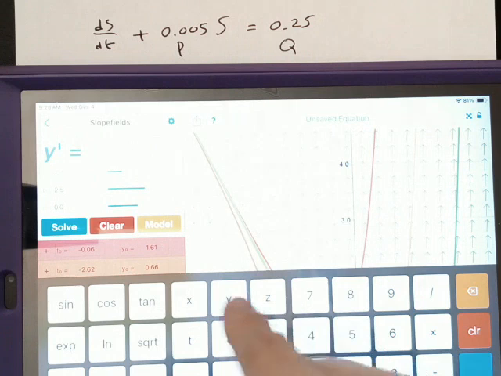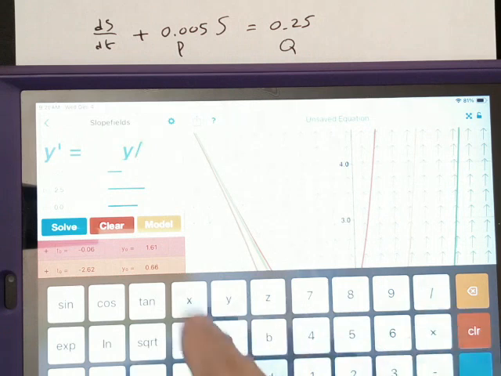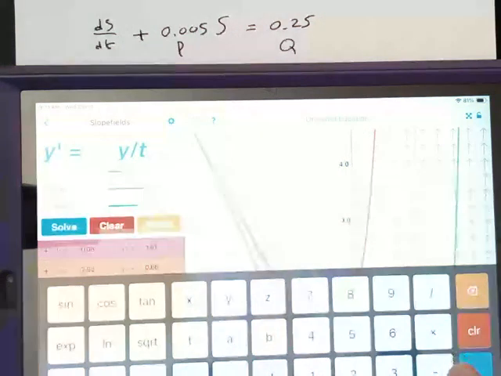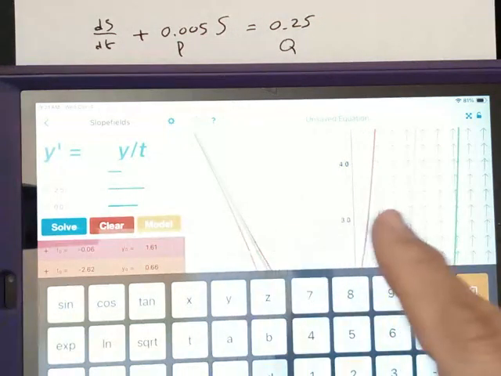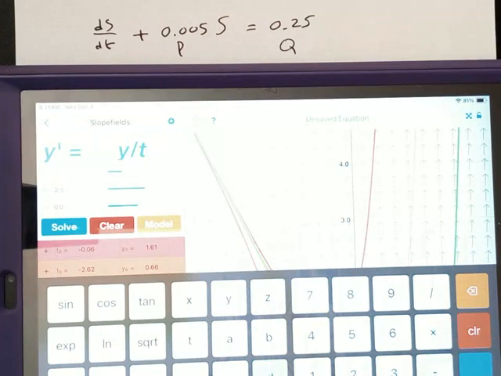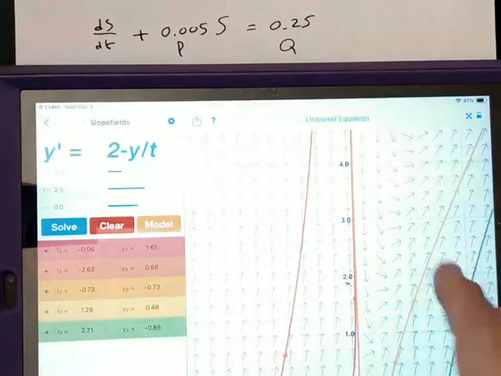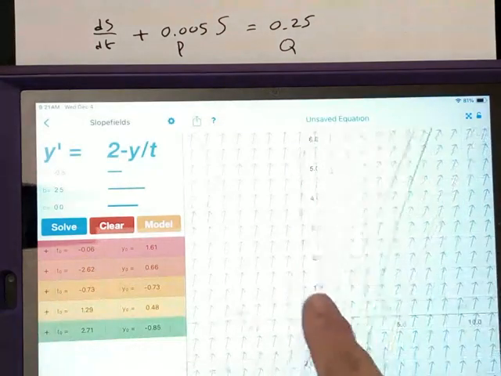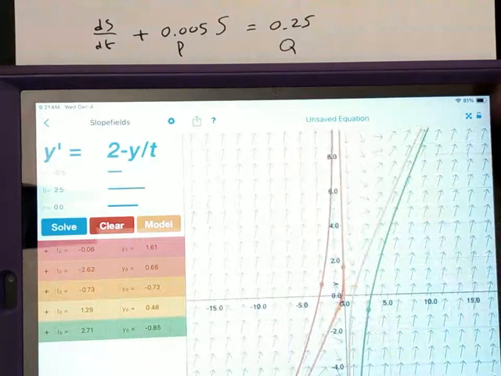Wait, so that's y over x. y prime equals, oh, there should be a minus sign in front of that. Hang on a second. 2 minus, there we go. Go. Look at that. Look at that.